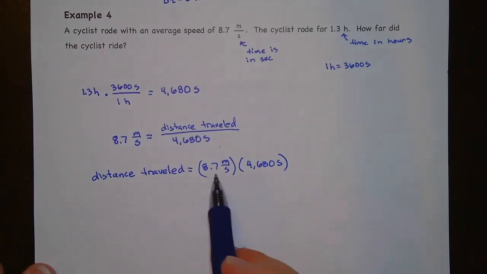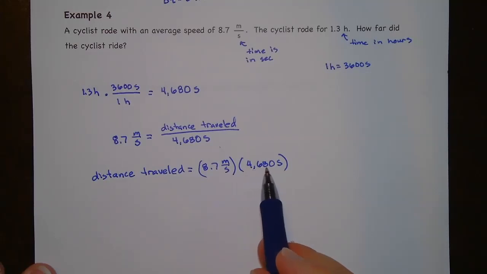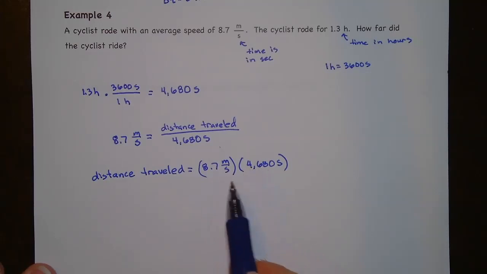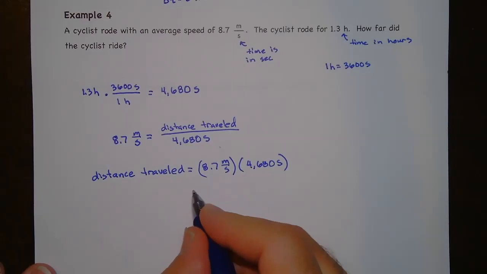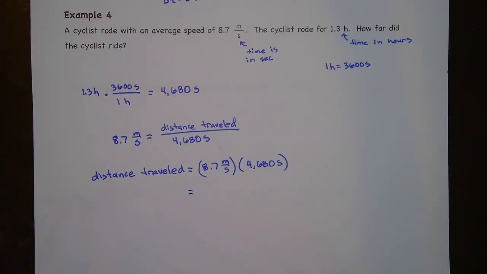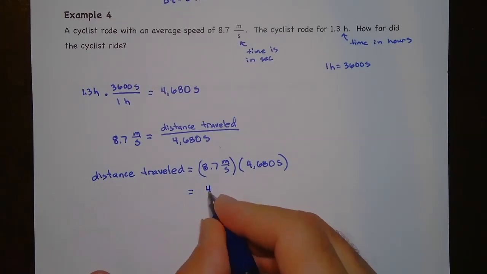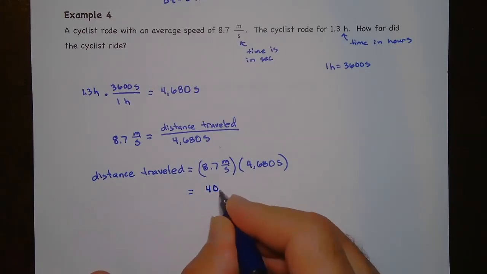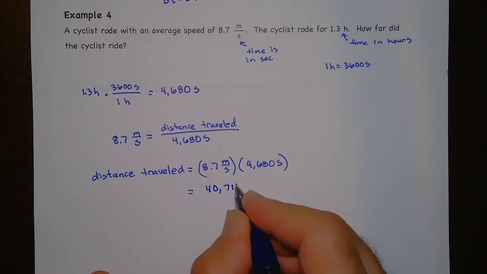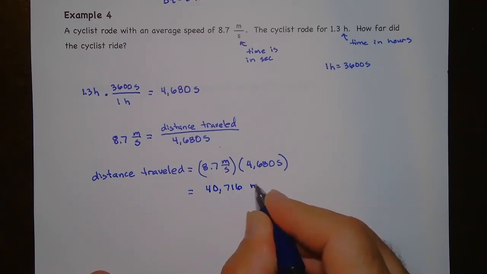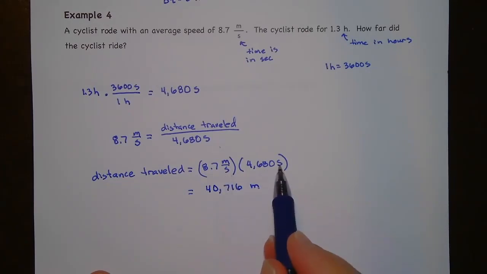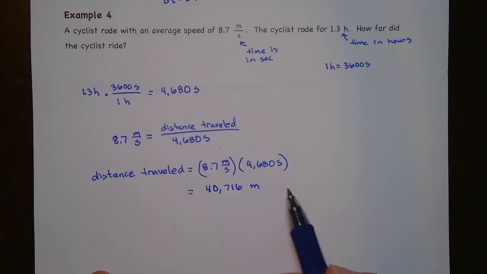Now, when we go to multiply these, this only has 2 significant figures, and this one has 1, 2, 3 significant figures. So we're going to round our answer to 2 significant figures. Okay. So 8.7 times 4,680. And that gives us 40,716 meters, because here we're multiplying by seconds, but we're also dividing by seconds, so the seconds cancel.